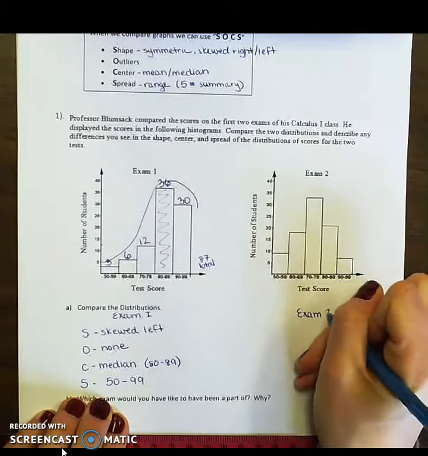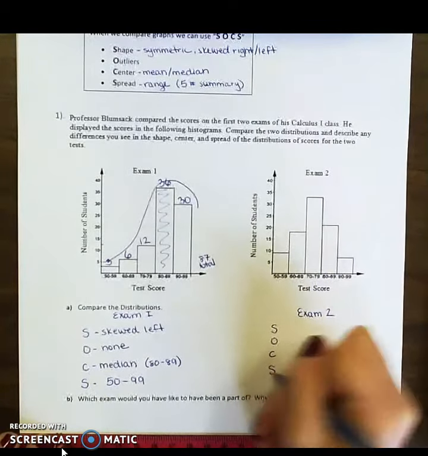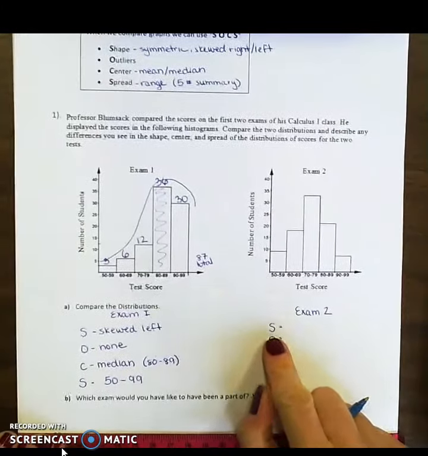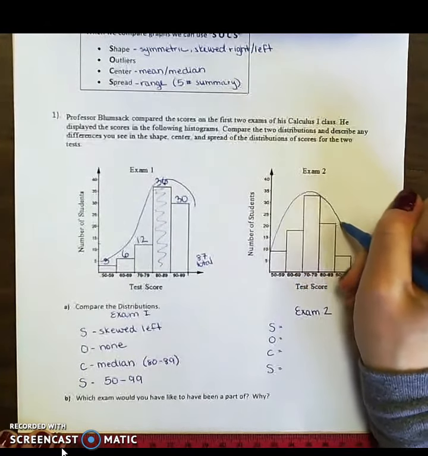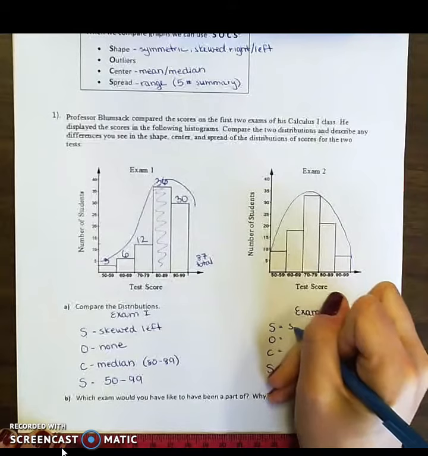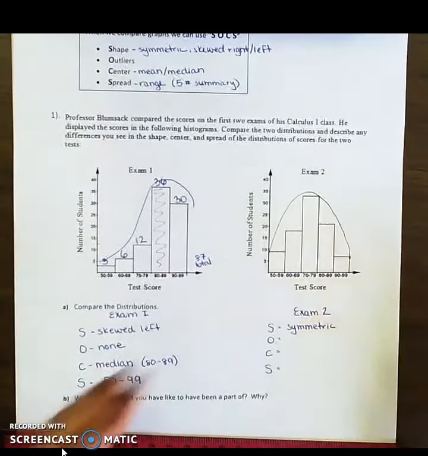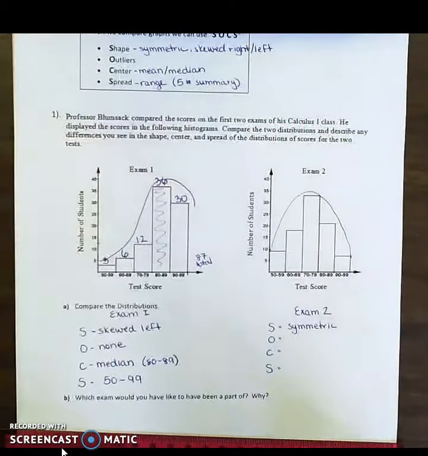Exam 2. Once again, we're going to go through our SOCS method. Let's take a look first at the shape. If I look at the shape of this distribution, it's nice and symmetrical for the most part. So we're going to write down symmetric, which means all of the data is towards the middle, and then it goes outward and gets lower as it goes out.